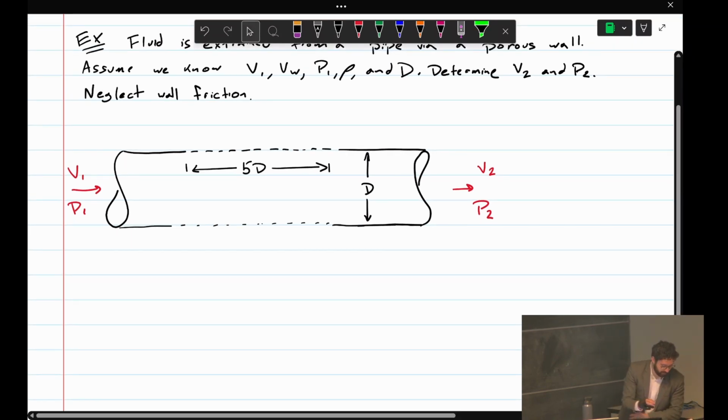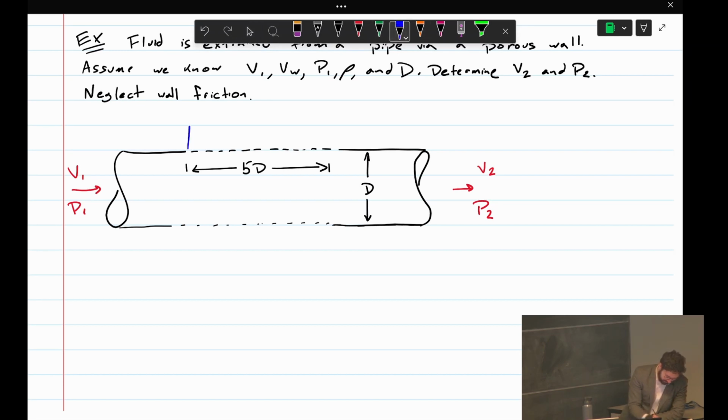Okay, so for the porous section, we actually know the velocity profile. It's going to be a linear velocity profile that starts at some velocity VW right at the start of this porous section. By the end of the porous section, the velocity goes to 0. So we have a linear velocity profile.